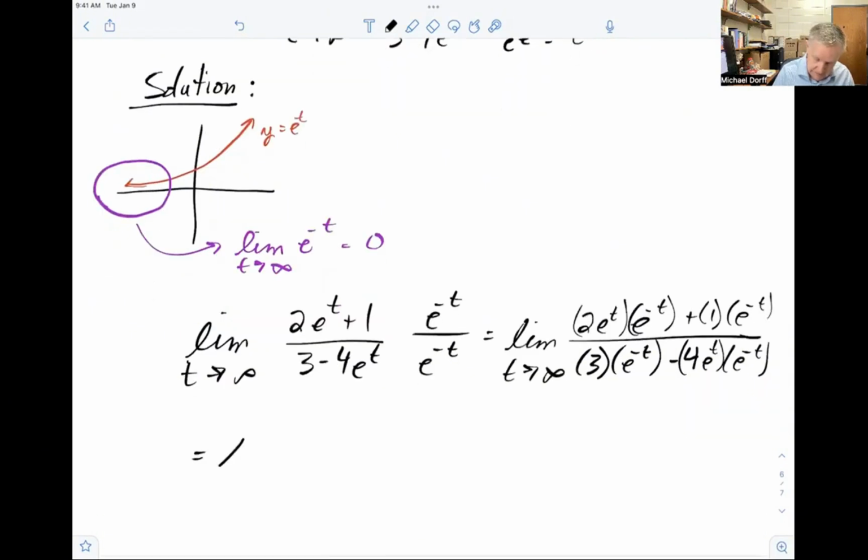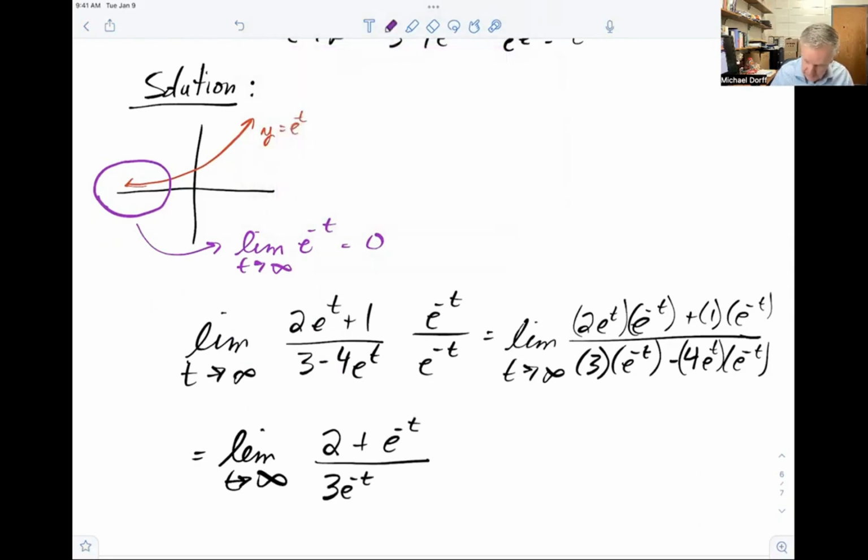And then what is e to the t times e to the negative t? That's the same thing as 1. So I get 2 plus e to the negative t over 3e to the negative t.